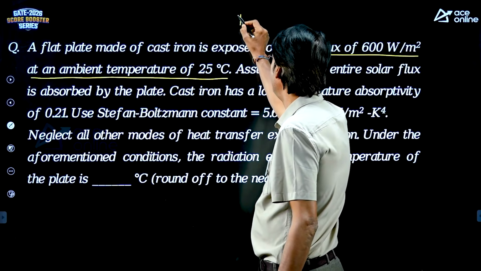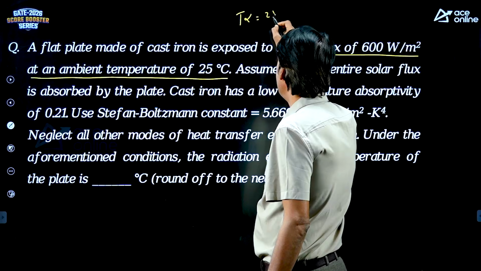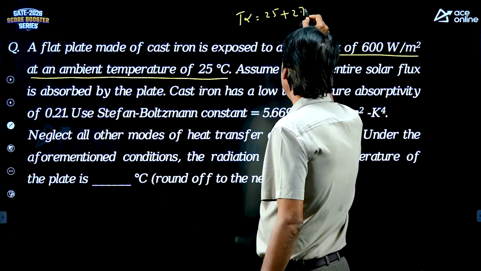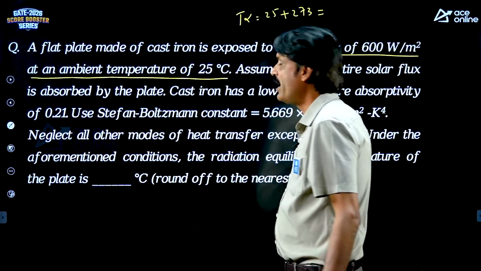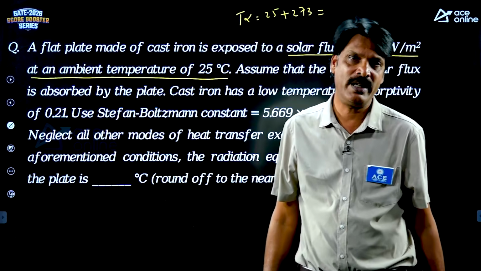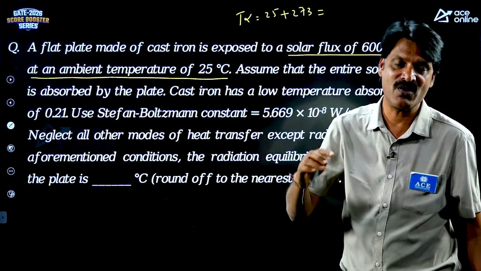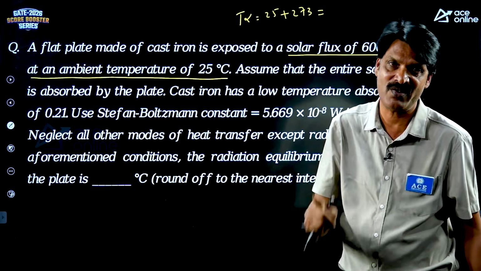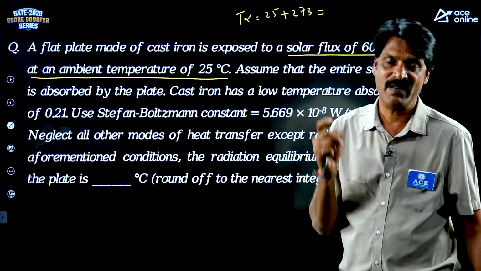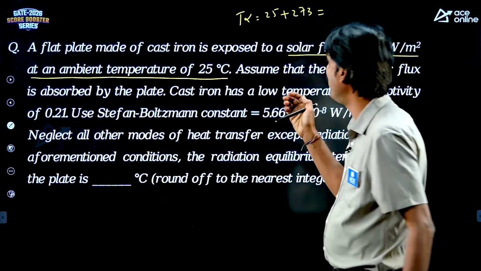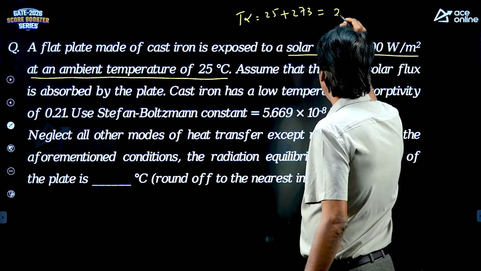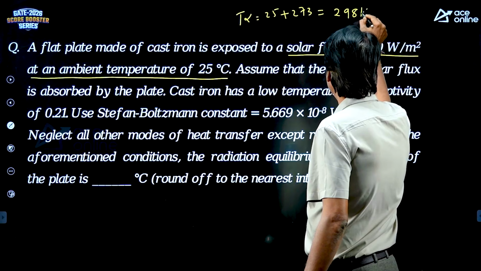So T infinity is equal to 25 plus 273. My catch is, whenever you go into radiation, whenever he gives you temperature, first check the unit of temperature. If it is not in Kelvin, convert into Kelvin. If it is in Kelvin, well and good, keep it in the same way. So this is 298 Kelvin.